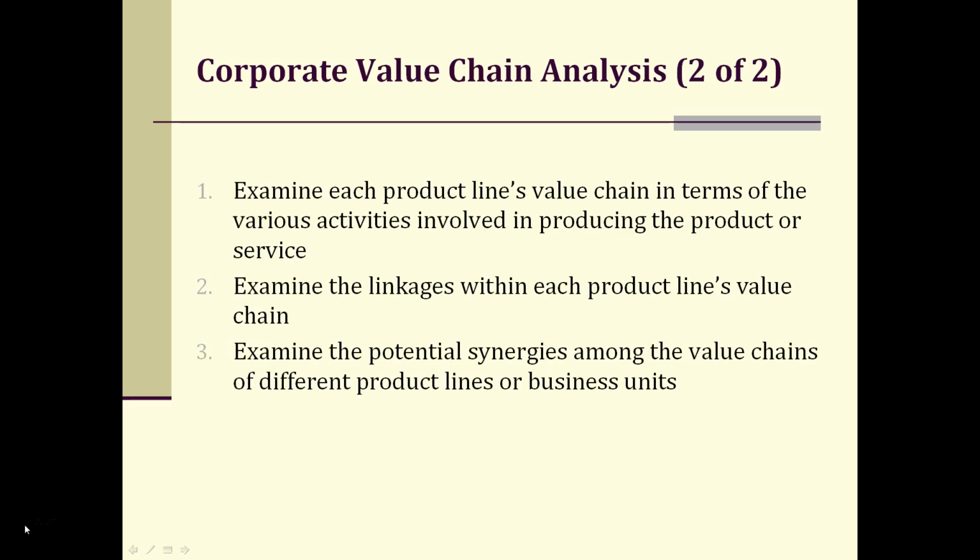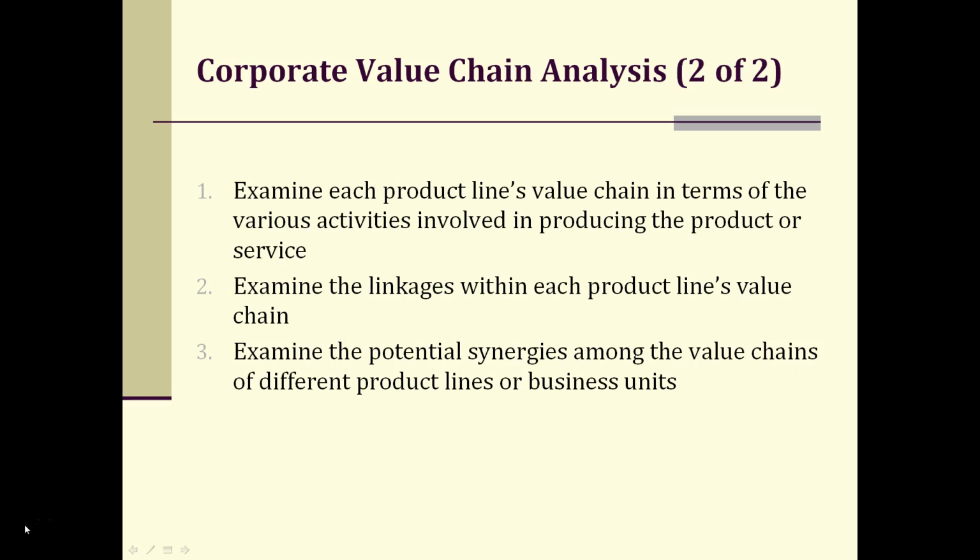Corporate value chain analysis involves the following 3 steps. 1, examine each product line's value chain in terms of the various activities involved in producing the product or service. 2, examine the linkage within each product line's value chain. 3, examine the potential synergies among the value chains of different product lines or business units.